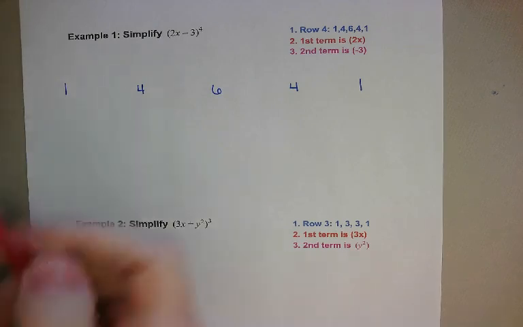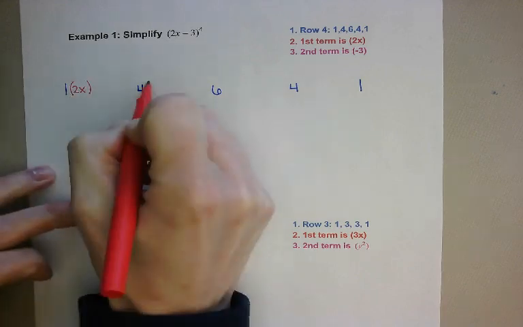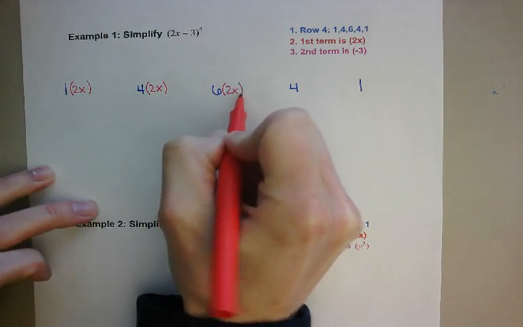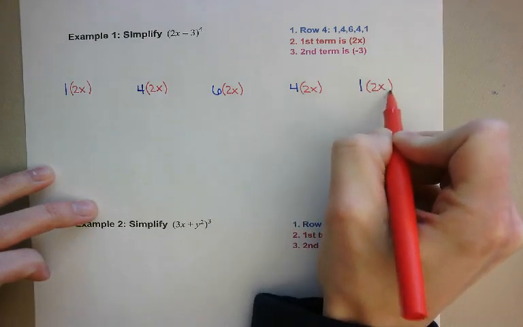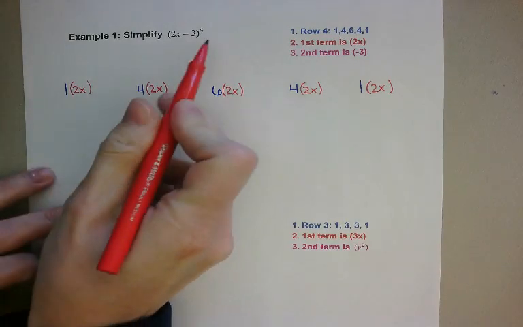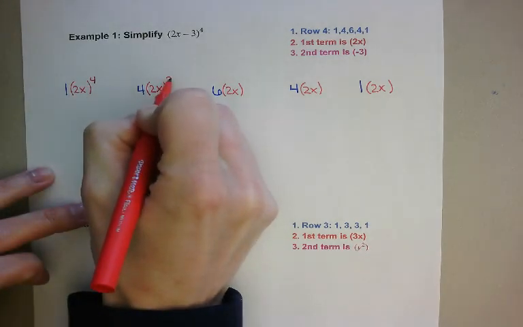I want to identify my first term, so that's the 2x's. I'm going to go ahead and write all of those. Now, remember that these exponents start off at n, so it starts off at 4 and then they decrease.